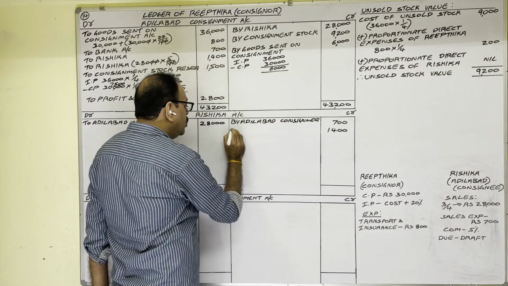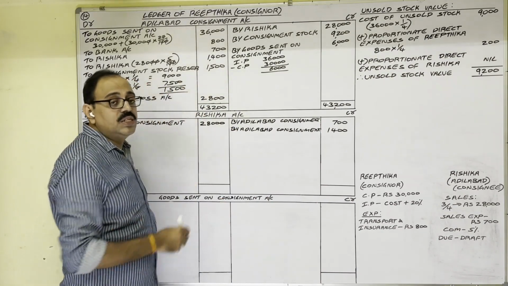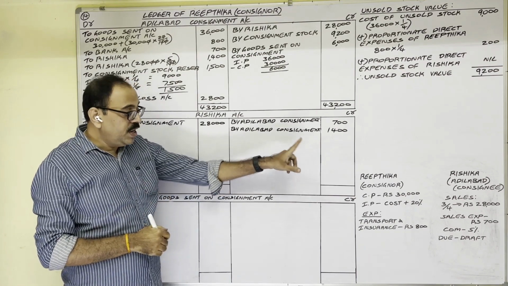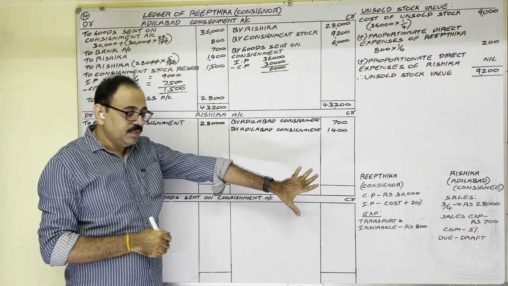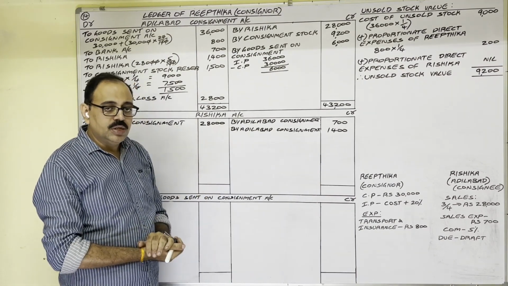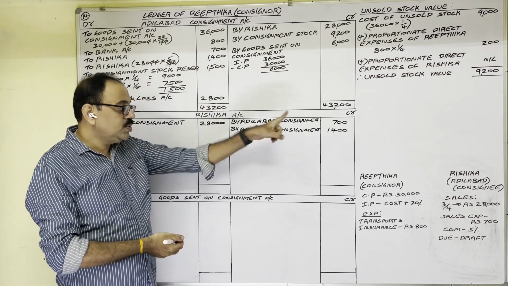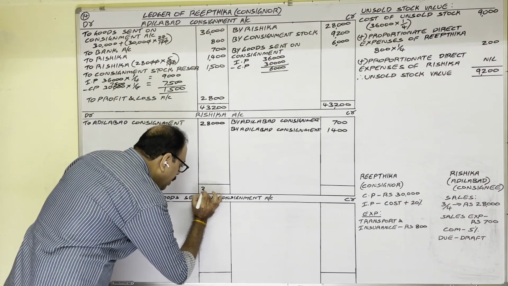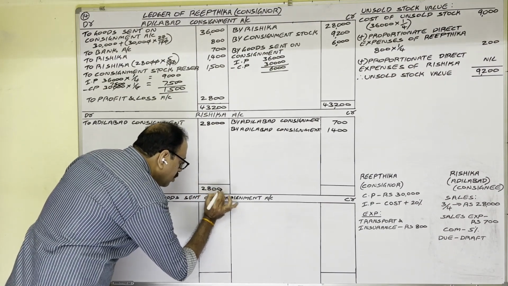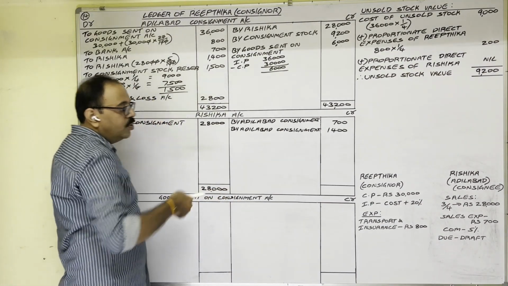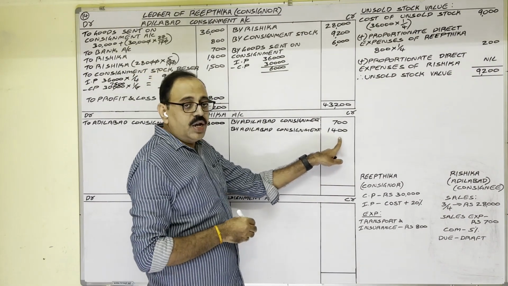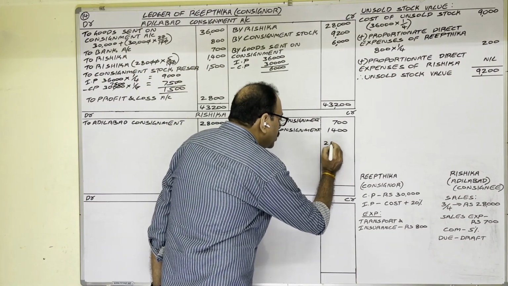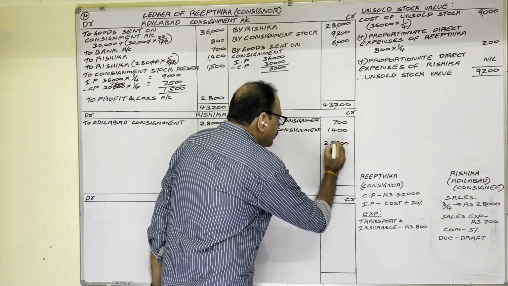For 1,400 also the same. If an advance is given in the question, on the credit side we should show that advance also. But in the present problem, advance is not there. So only this much. Finally, the debit total is more than the credit total. So debit total 28,000 rupees minus credit total 2,100 is equal to 25,900.